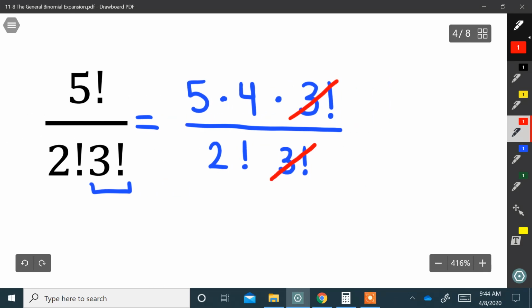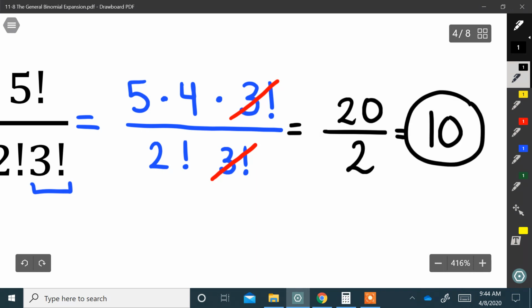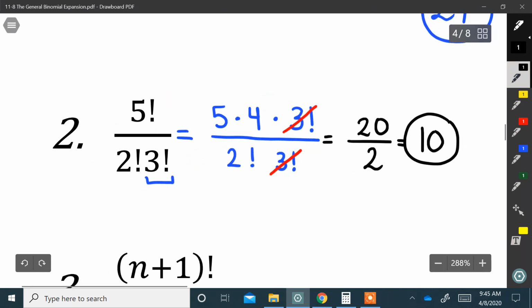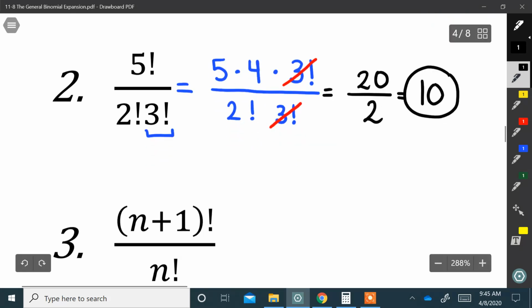And that makes the problem a lot easier. 5 times 4 is just 20. 2 factorial is 2 times 1, so it's just 2. We're going to get 20 there. I'm sorry, we're going to get 10. I don't know why I said 20. Let's move on.